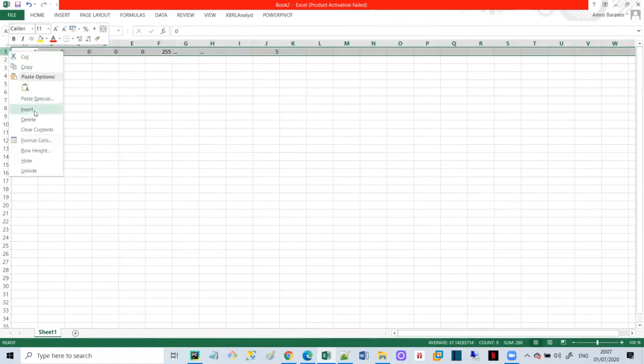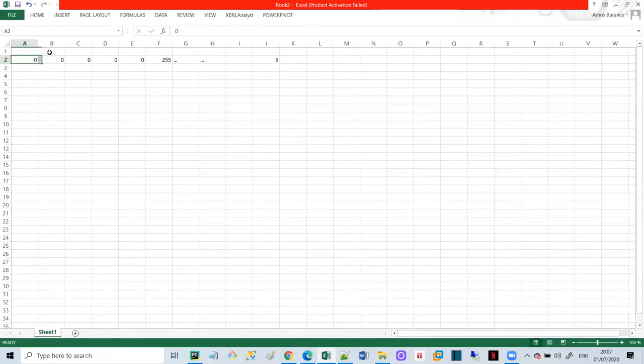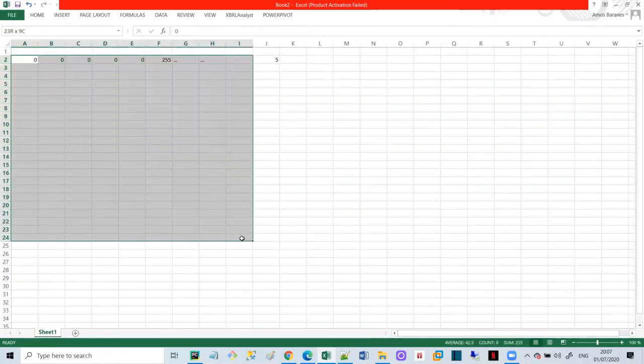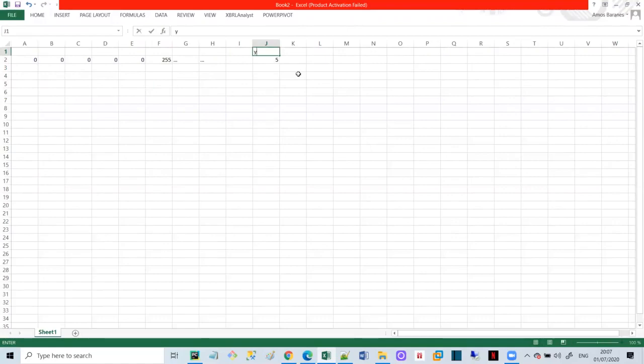Okay, and then here it says 5. Let's put an insert. This is really my matrix X. All of that is the matrix X. Each row represents a number. This is my Y train. It doesn't say 5, it says true.